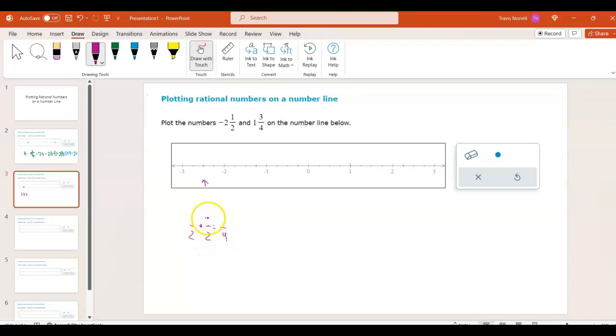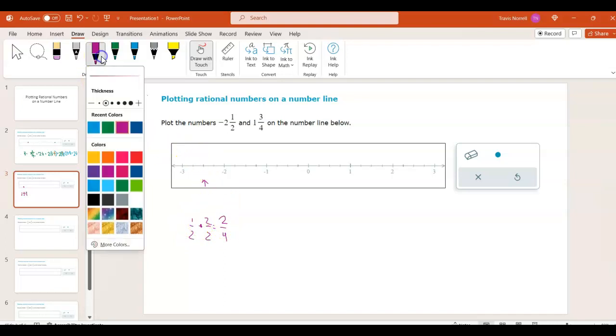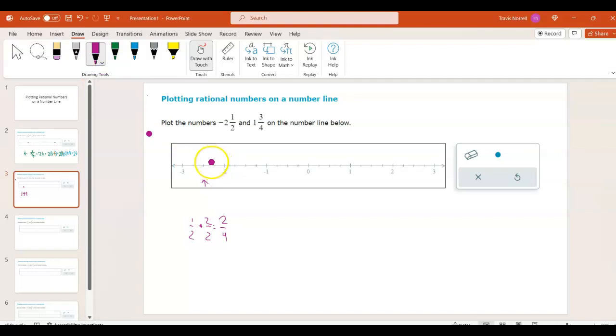So that means I also have to multiply the numerator by 2. So 1 times 2 would then give me 2/4. So that's why this would be 2 and 1/4, 2 and 2/4. So that's putting that at negative 2 1/2.